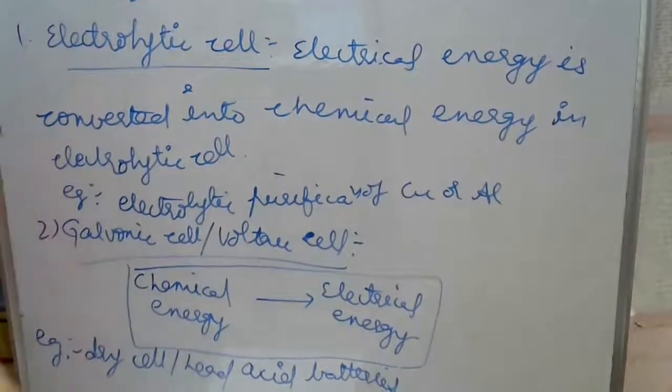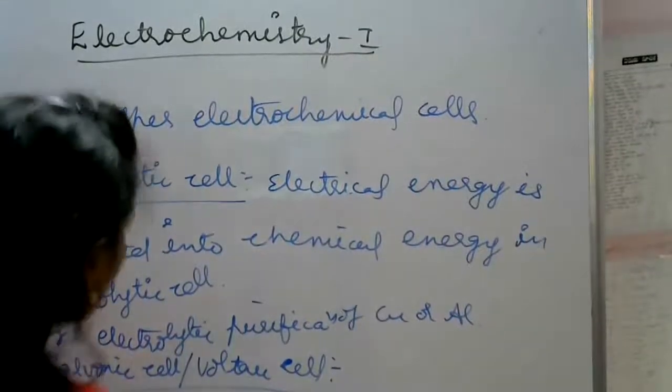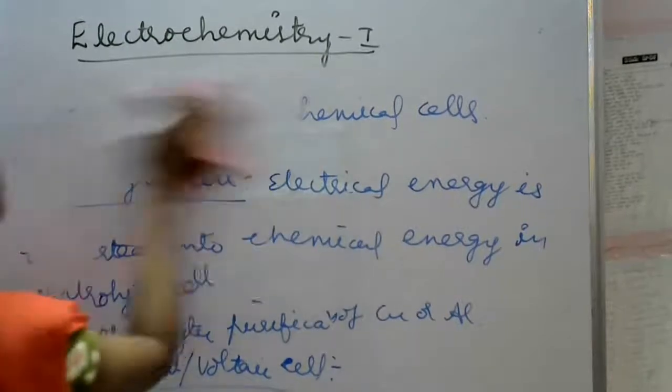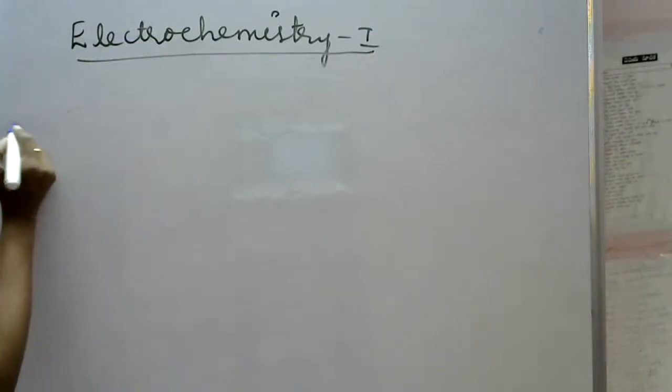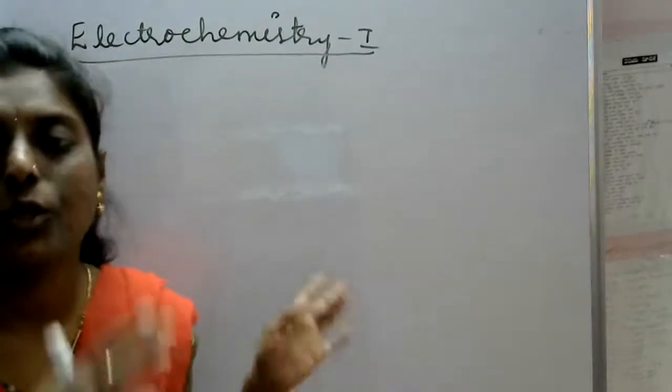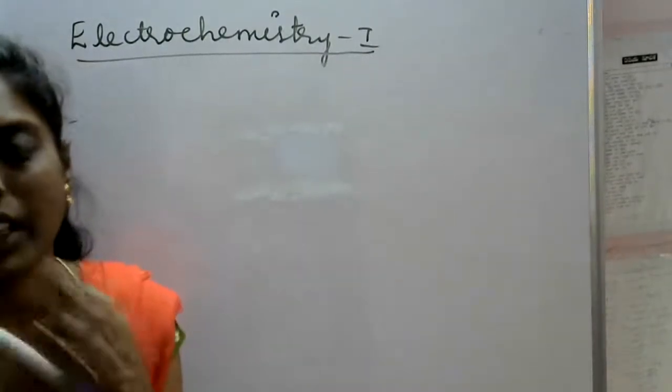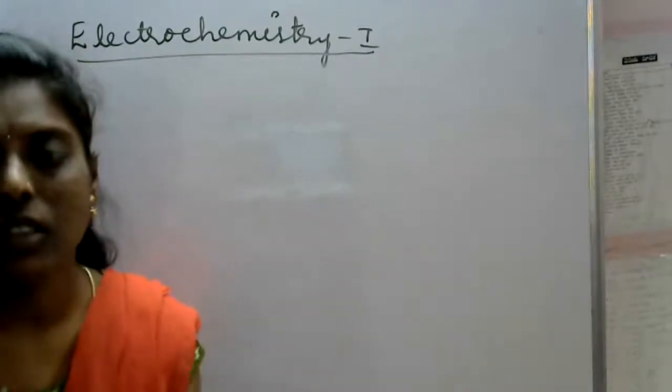Next, what is a cell here? A cell is a single arrangement of two electrodes. Two electrodes are arranged in one cell.